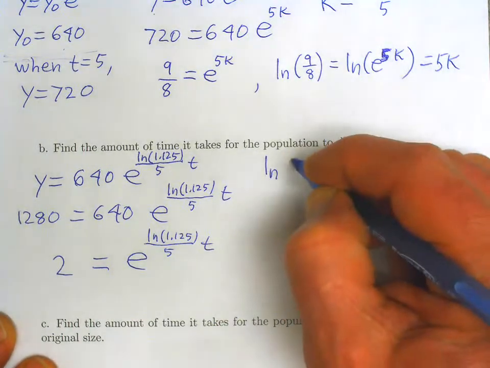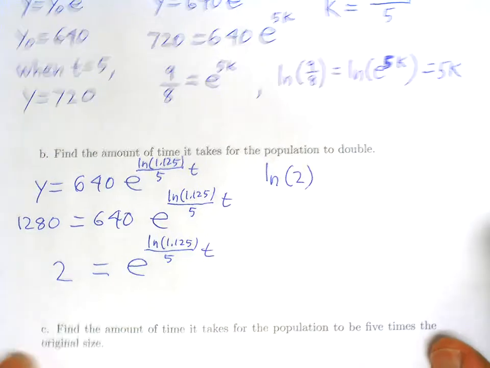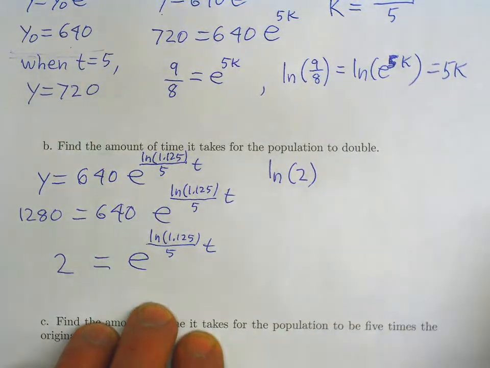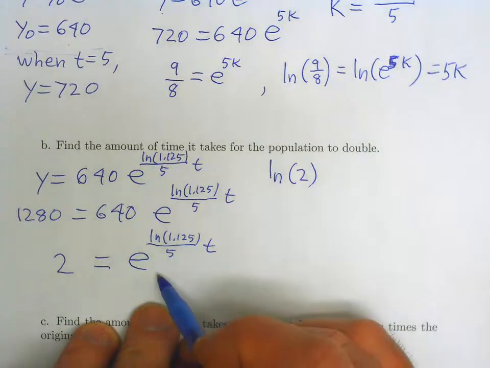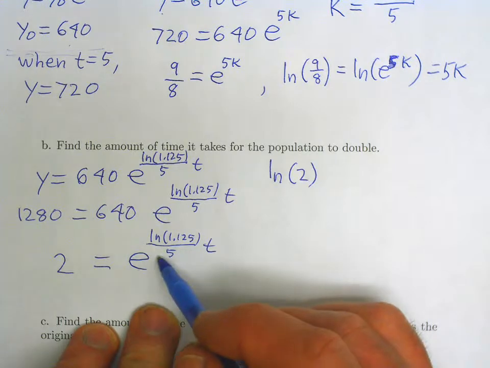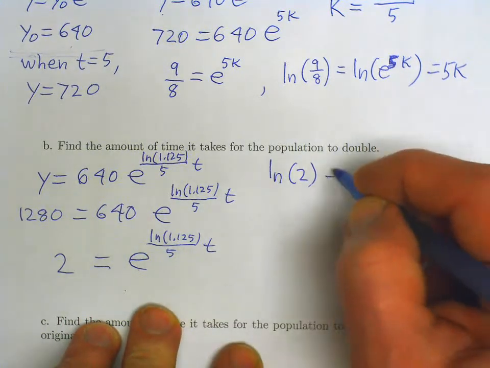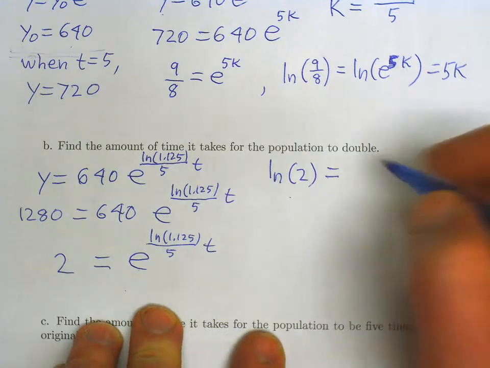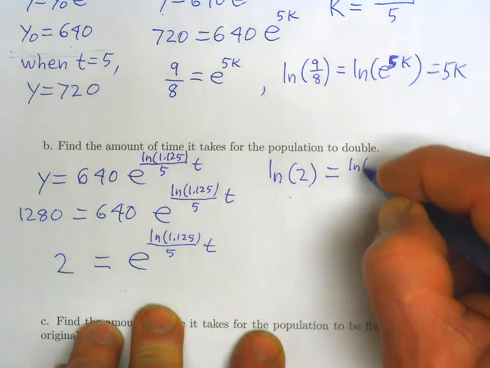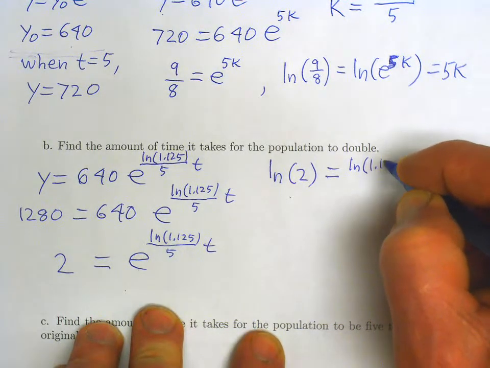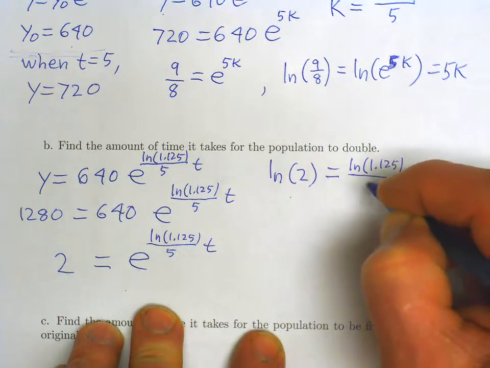So we get the natural log of 2. And I'll do a shortcut here. The natural log of e to this exponent, or the natural log of e to the kt, is just kt. So the natural log of 2 is equal to the natural log of 1.125 over 5 times t.